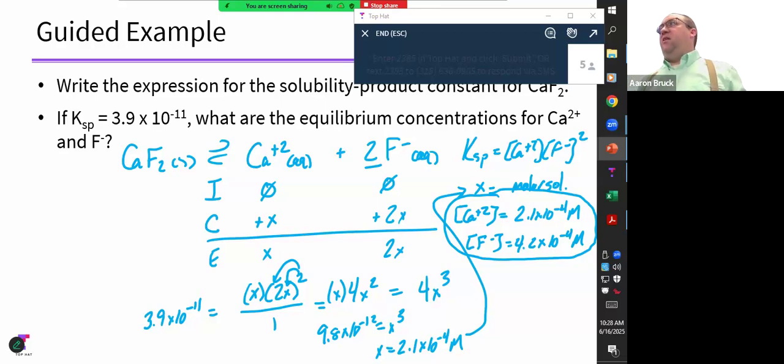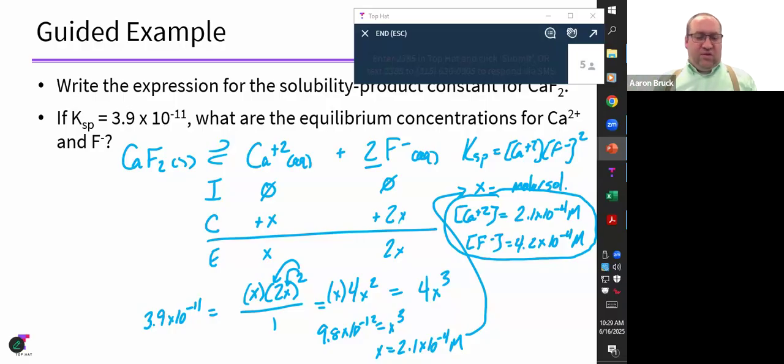But just something to keep in mind there. And to help with that, you'll see some references will actually start using S, capital S, in KSP equilibria ICE tables to stand in for solubility.